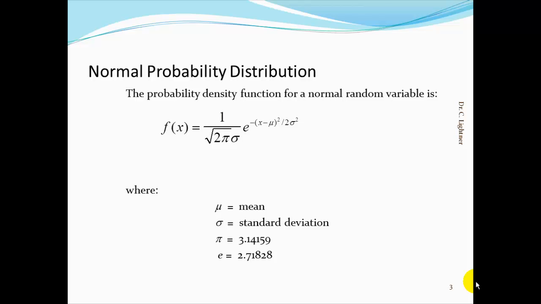On this slide, we have the density function for a normal random variable. Luckily, this density function has some very basic properties which will allow us to easily draw this density function.